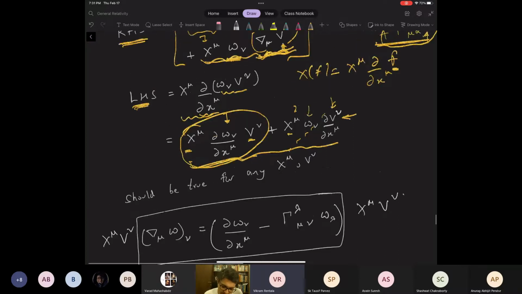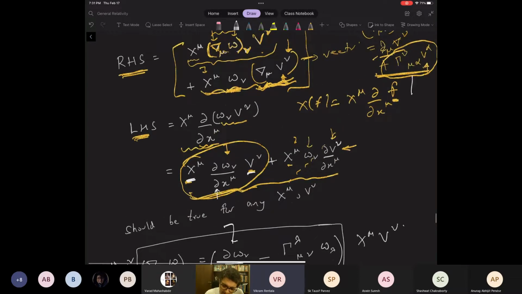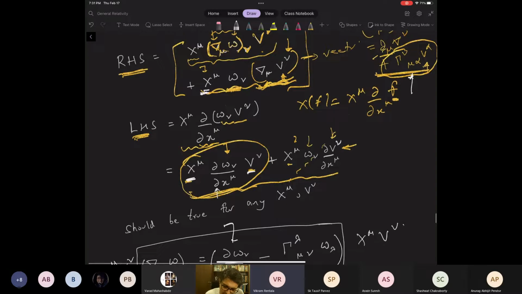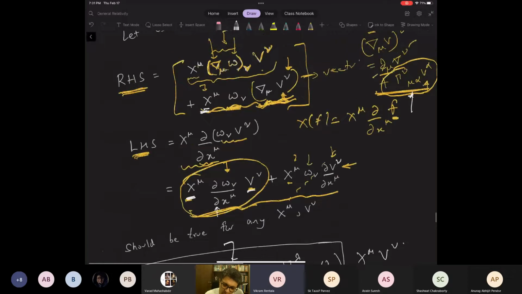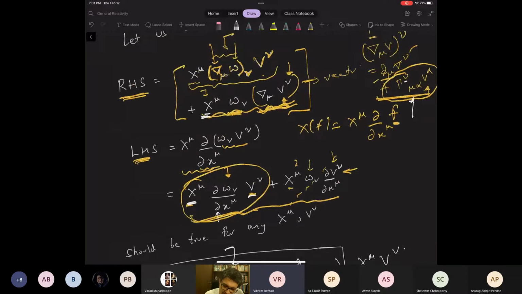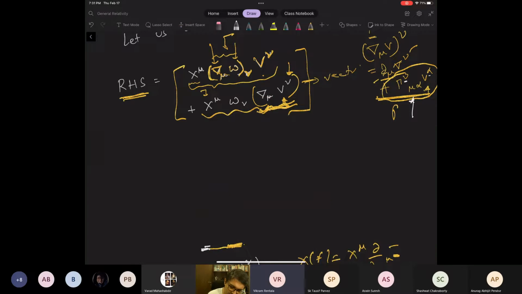So from the first term, there's x^μ v^ν, and then I have ∂ω_ν/∂x^μ. And now from this connection term, I have an x^μ and I have a v^α here. Since ν and α are actually dummy indices, maybe I'll make some space to show you this. I have a term which looks like x^μ ω_ν Γ^ν_{μα} v^α. The ν is summed over, the α is summed over.